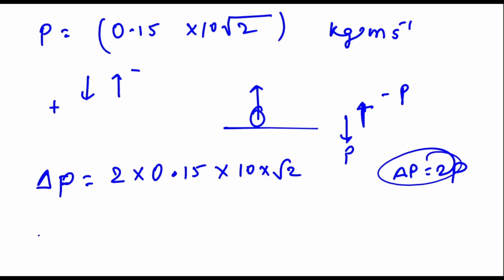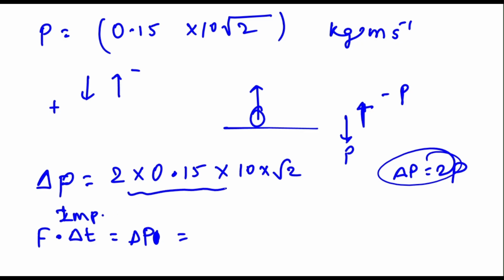As you know, impulse is nothing but force times time of impact, meaning the time duration of the collision, a very short interval of time. So this is delta P, and ultimately you are going to get this impulse, this much kg meter per second. You can solve it by yourself.